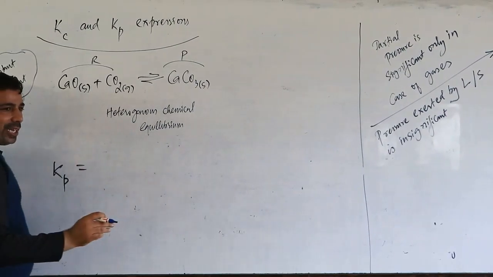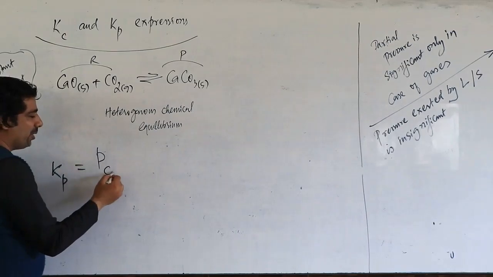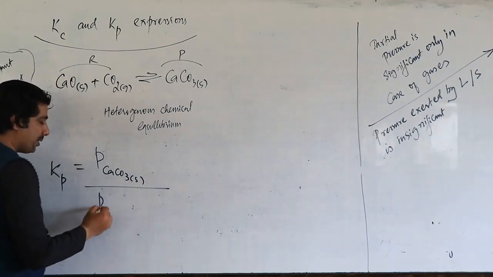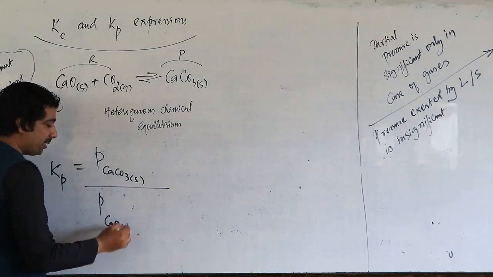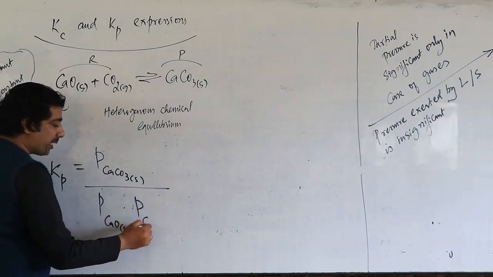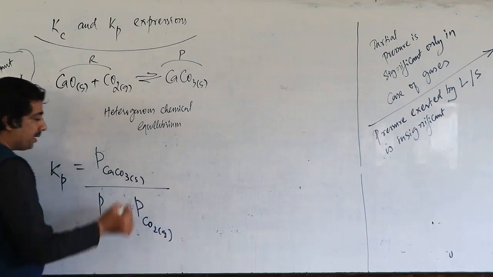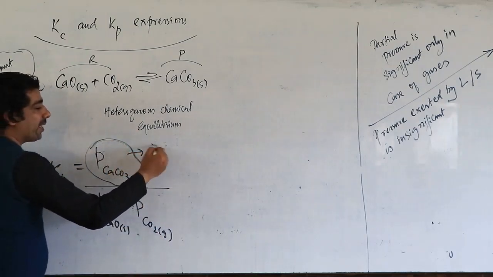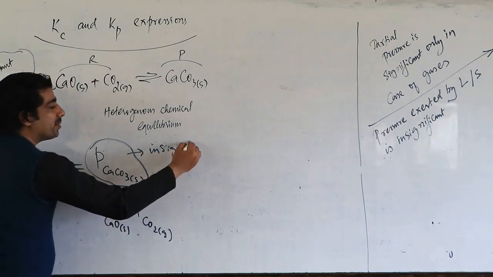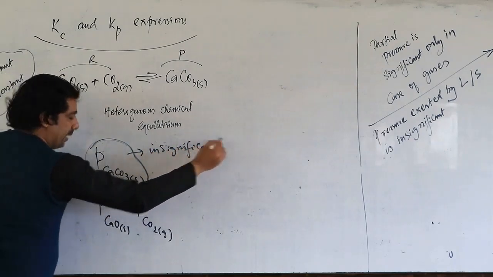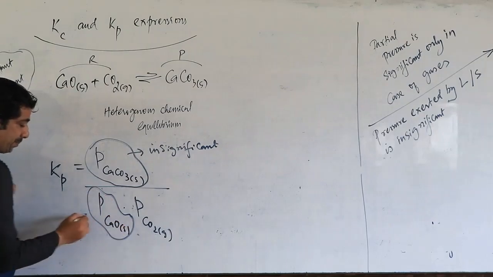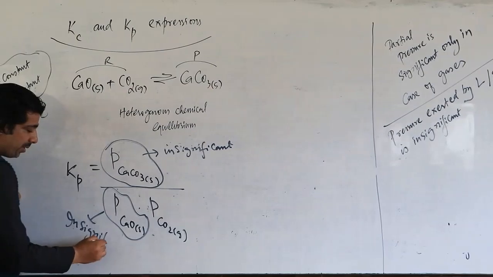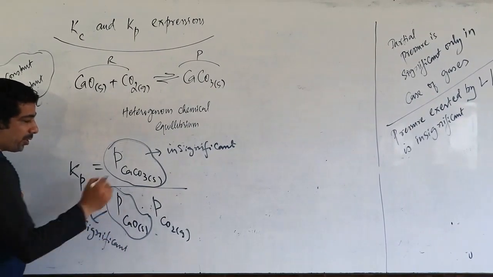If you try to write partial pressure due to calcium carbonate solid, let us suppose, divided by partial pressure due to calcium oxide solid into partial pressure due to carbon dioxide gas, this term will be insignificant because it's solid, and this term will also become insignificant because it's also solid.